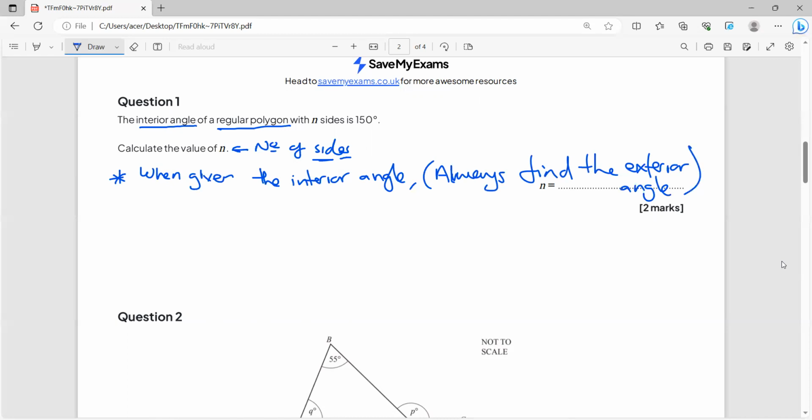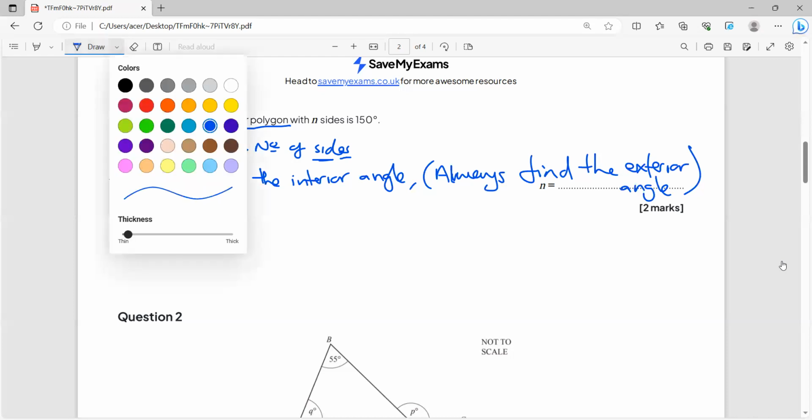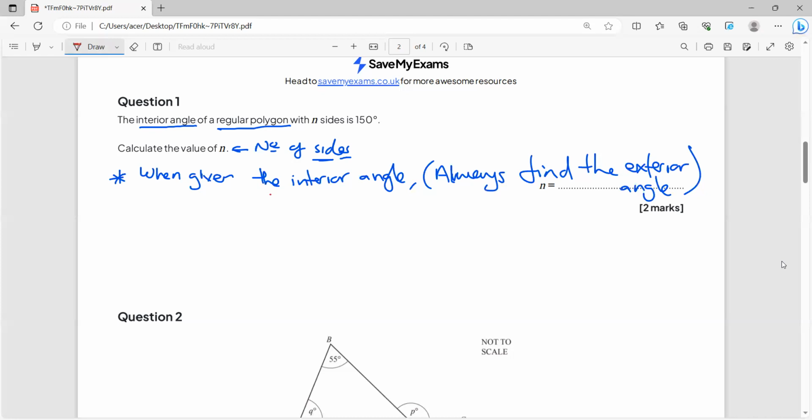Okay. So we have our interior angle, it's 150. How do we find the exterior angle? We use the first rule, right? Interior plus exterior equals 180. So our interior is 150 plus the exterior angle equals what? 180, isn't it? And this is a regular shape, so all the interior angles are equal and all the exterior angles are equal.